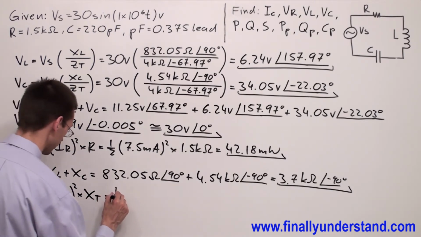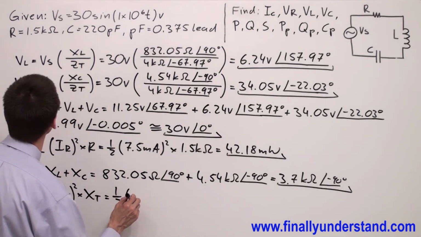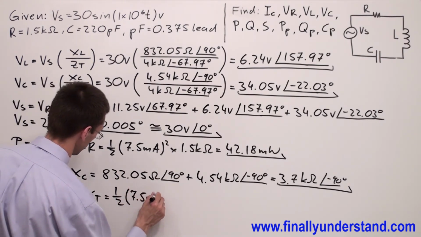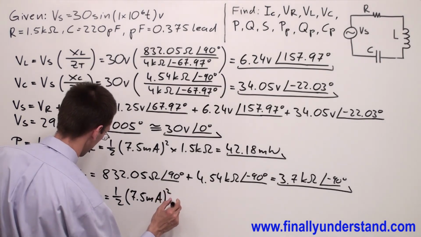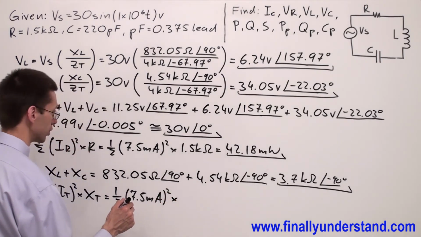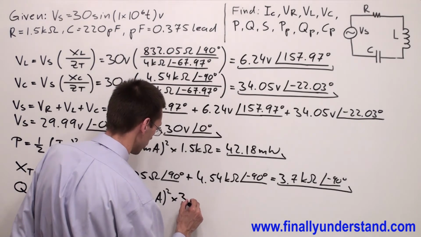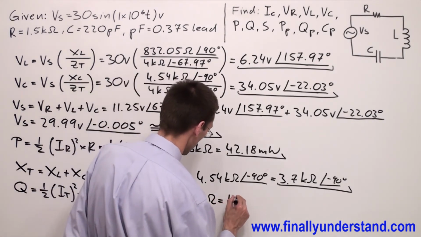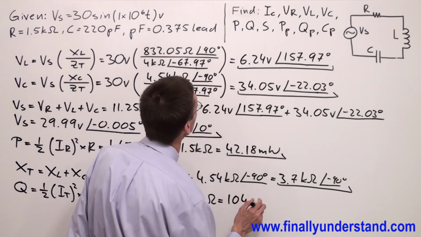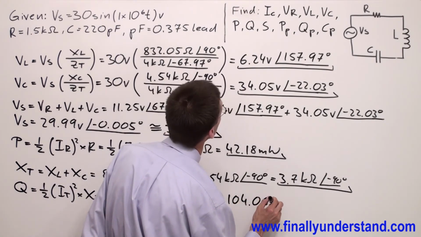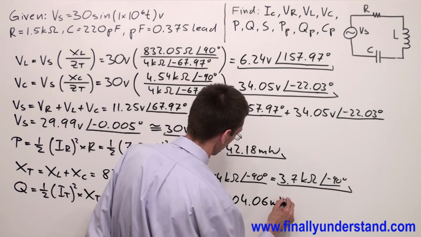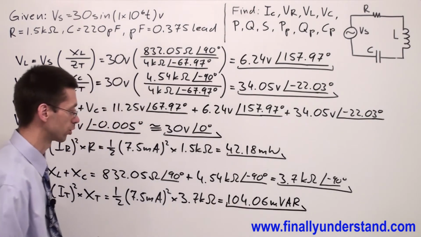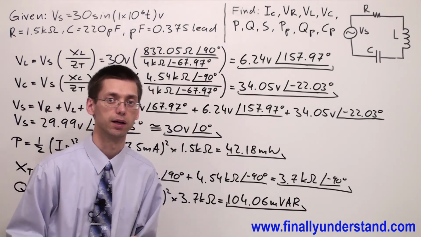So I have 1/2 times I total equals 7.5 milliamps raised to the second power times X total, so I have 3.7 kiloohms, which gives me 104.06 millivolt ampere reactive. Okay, so this is the total reactive power in my circuit.